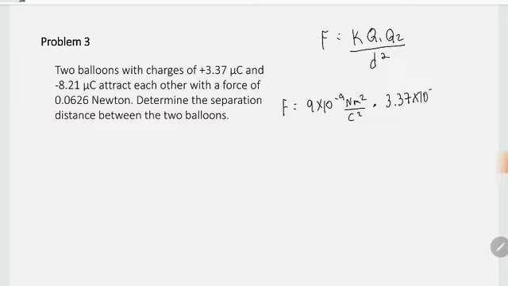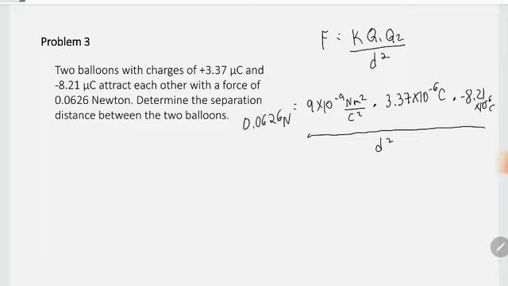Dapat gagawin ko na siyang times 10 to the negative 6, times negative 8.21 times 10 to the negative 6 coulomb divided by, okay, I was careless. I actually need to solve for the distance, determine the separation distance between the two balloons. And I am actually given the value for the force. The value for the force is 0.0626 newtons. Okay, paano ko babaguhin yung formula ko?